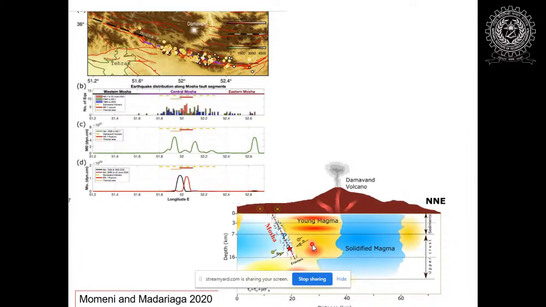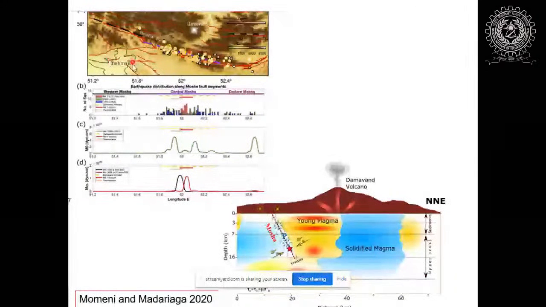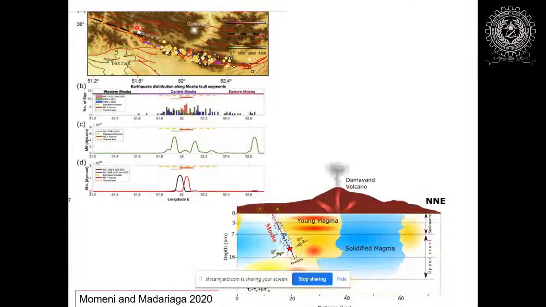And Dr. Momeni has explained that even on this segment we may expect a major earthquake of magnitude 7 or greater, and on the other segments, for instance, a segment of the Mosha fault passing exactly north of Tehran, this is the city of Tehran, we may expect an earthquake which has not occurred in at least the last 1,000 years.